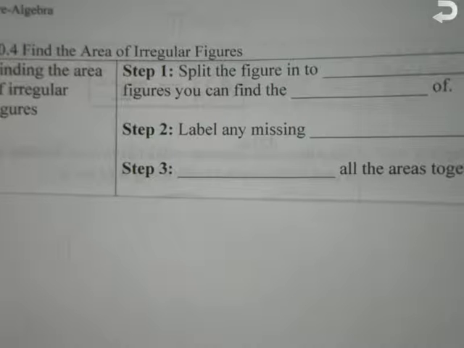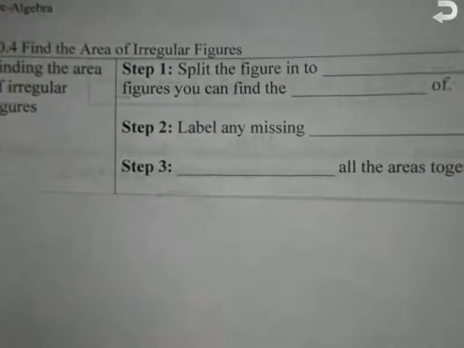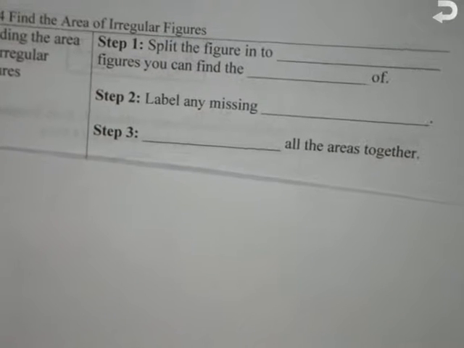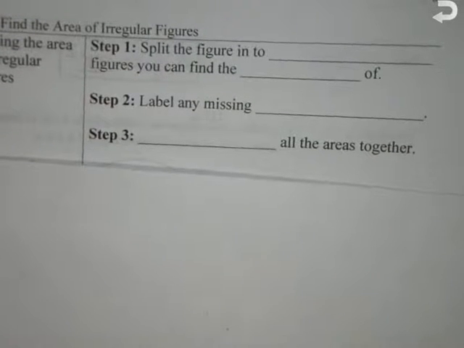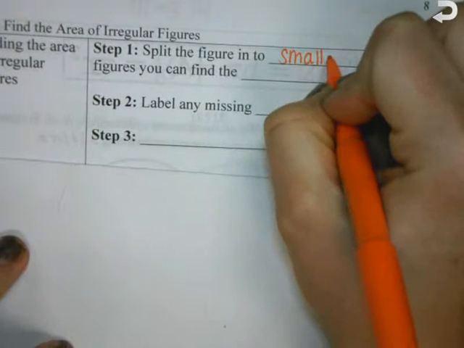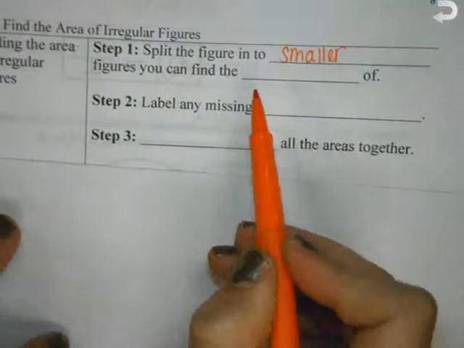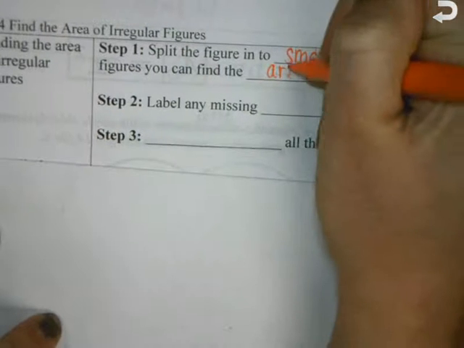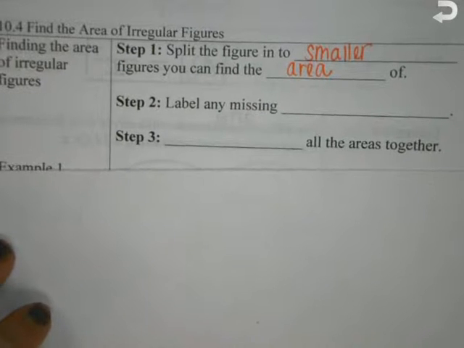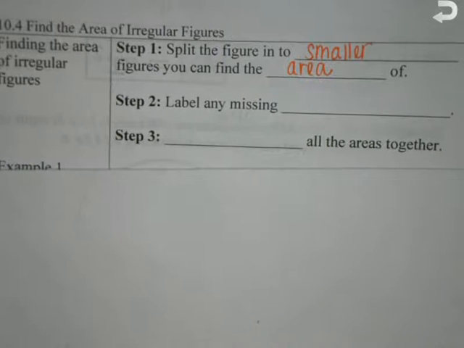When we have an irregular figure that we're trying to find the area of, the first thing we want to do is split the figure into smaller figures that you can find the area of. So we're going to get shapes that look kind of weird and we don't know how to find the area, so we're going to want to split it up into smaller rectangles, triangles, and different things that we already know how to find the area of.